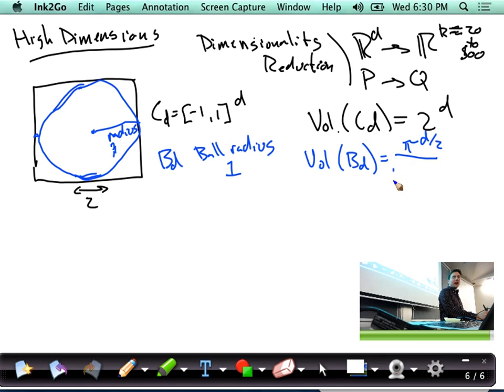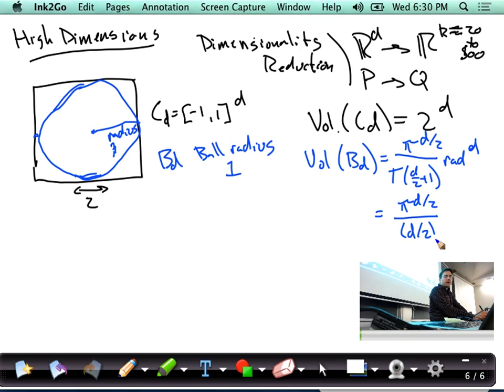It's pi to the D over 2 over the gamma function of D over 2 plus 1, times the radius to the power D. Now if you don't know what the gamma function is, if it's an integer, then you can map this to D over 2 factorial, and we assumed our radius was 1, so I'll drop this. Maybe it's an even integer or something, I forget, but it's going to be D over 2 factorial.